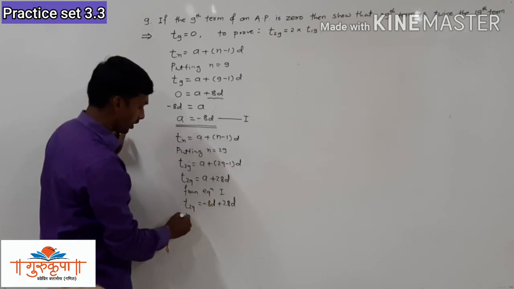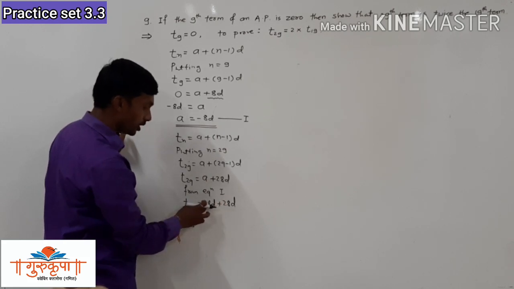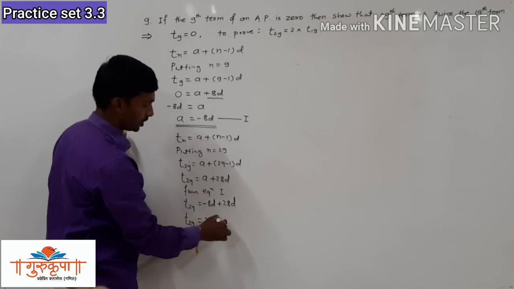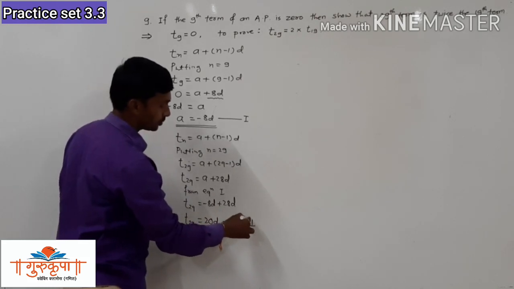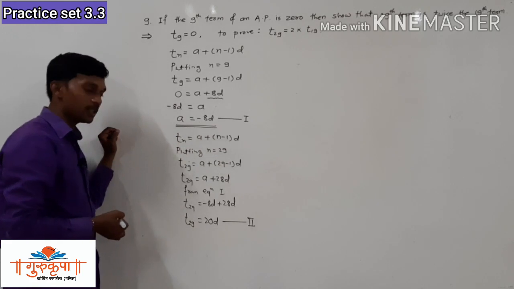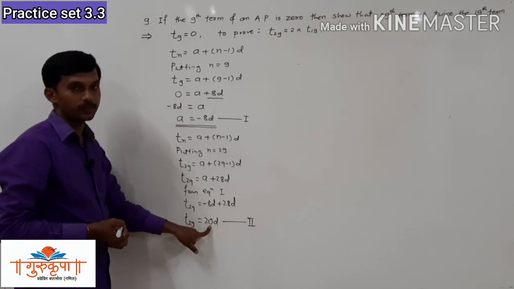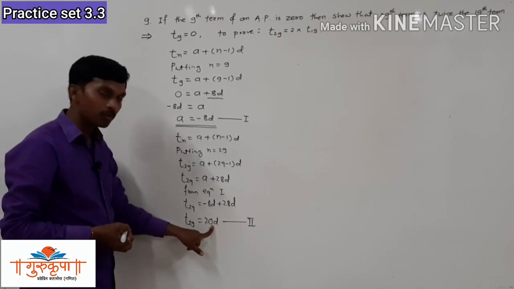We get T29 is equal to 28 minus 8, that is 20d. Represent it as equation 2. T29 is equal to 20d.